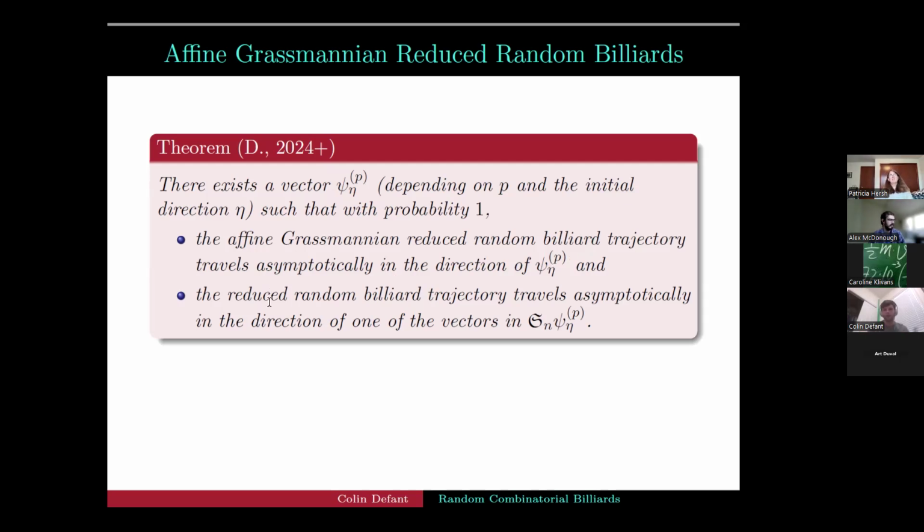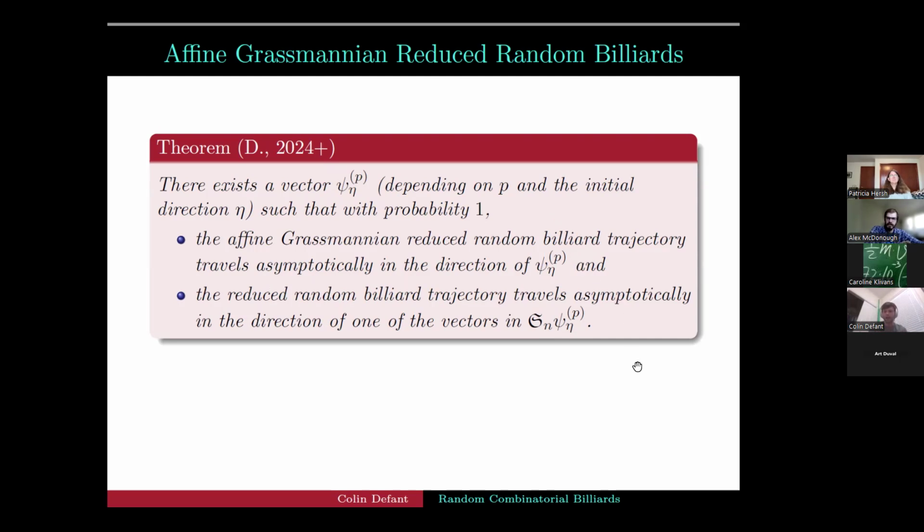And also, if I run the reduced random Billiard trajectory, this must travel asymptotically in the direction of one of the vectors in the orbit of psi eta p under the action of Sn. Okay, so this is exactly what I was just illustrating with the red dotted rays for the case of n equals 3, but this is also true for any n.